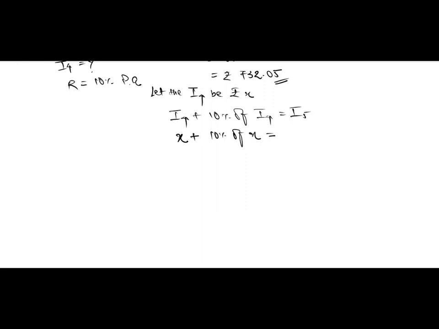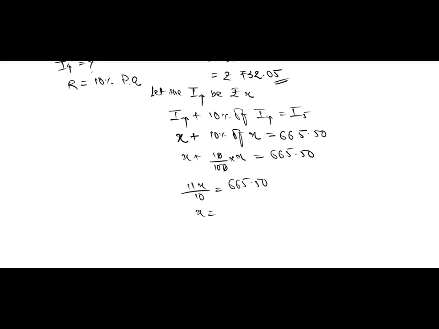Now what is the compound interest for 5th year? 665.50. Let's solve this. X plus 10 upon 100 into X is equal to 665.50. Okay, this will be cut, and 10x plus x is 11x by 10 is equal to 665.50.